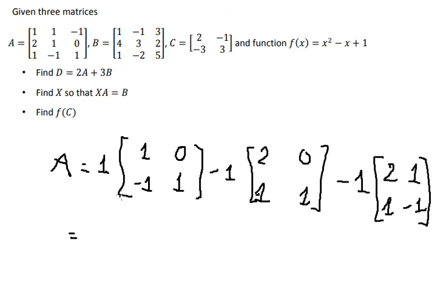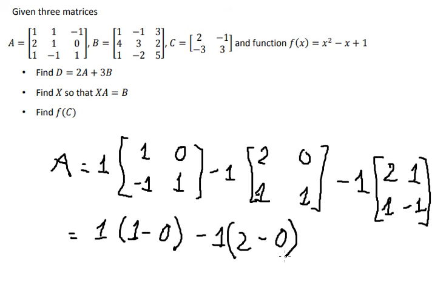So we have number 1 multiplied with number 1, negative number 1 multiplied with number 0 with the negative, so we got about 1 with 1 minus number 0. We have number 2 multiplied with number 1 minus number 0 minus number 1.